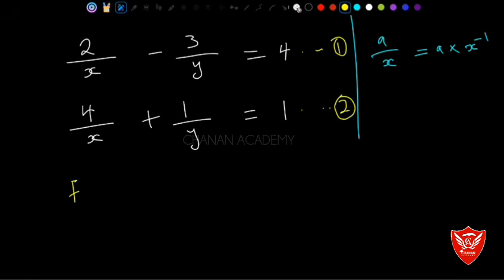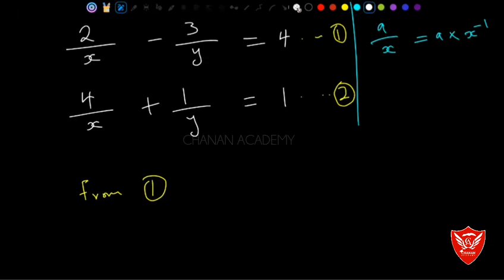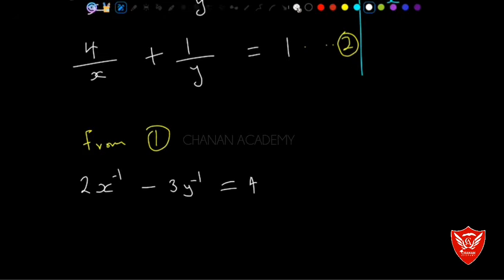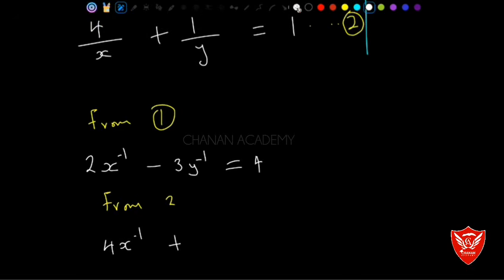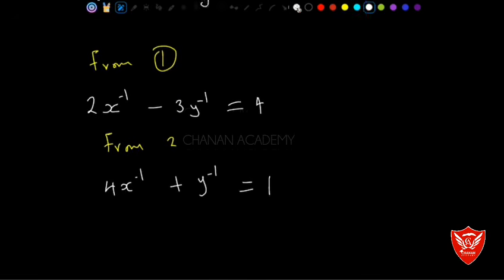Now from the first equation, we can say that we have 2x raised to the power negative 1 minus 3y raised to the power negative 1 equal to 4. Now from the second one, we can also say that 4x raised to the power negative 1 plus y raised to the power negative 1 is equal to 1.